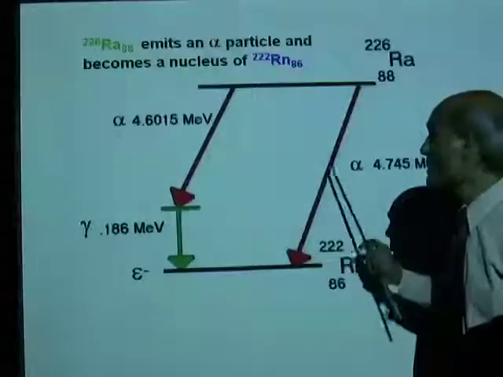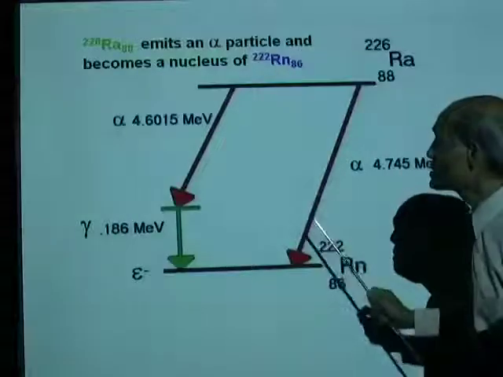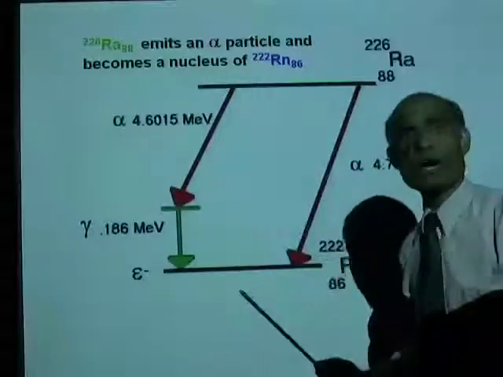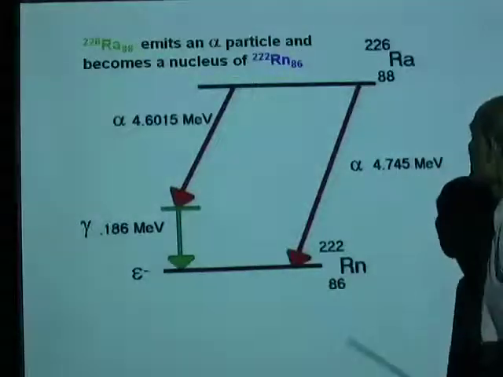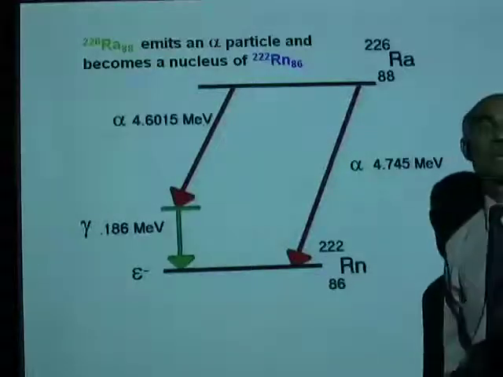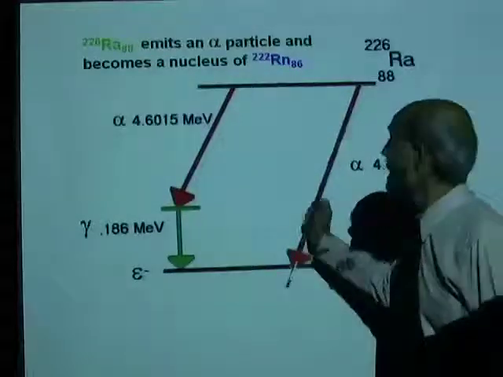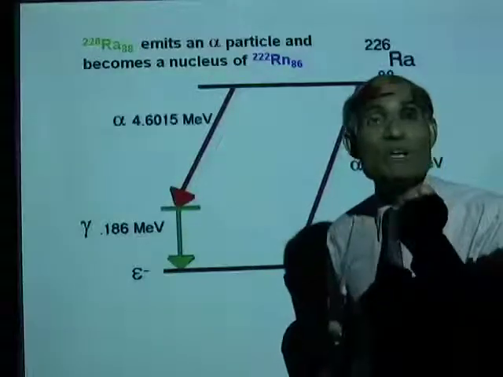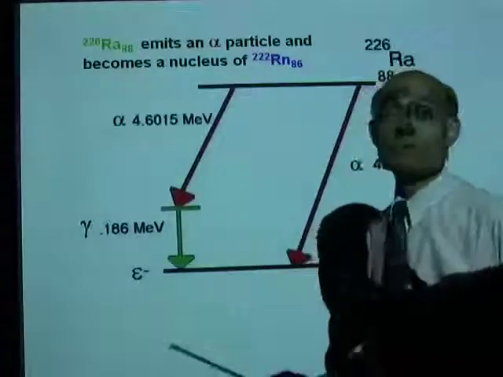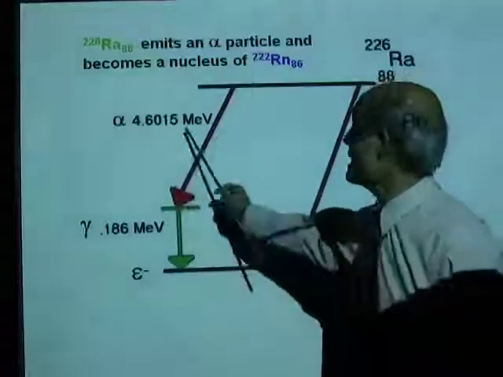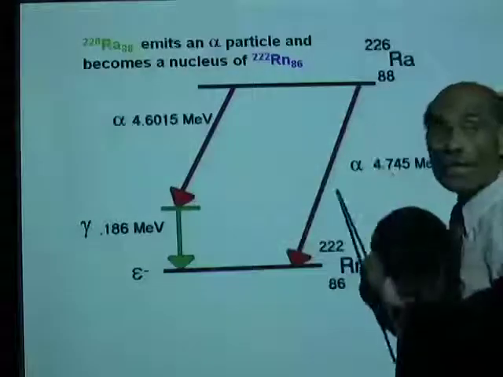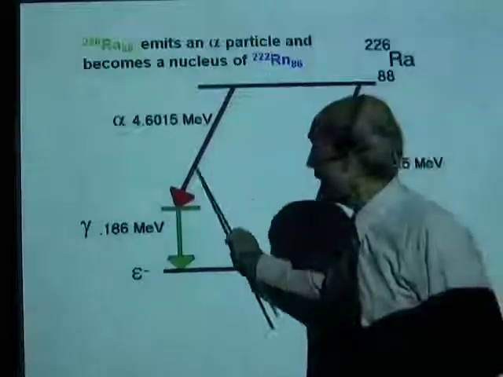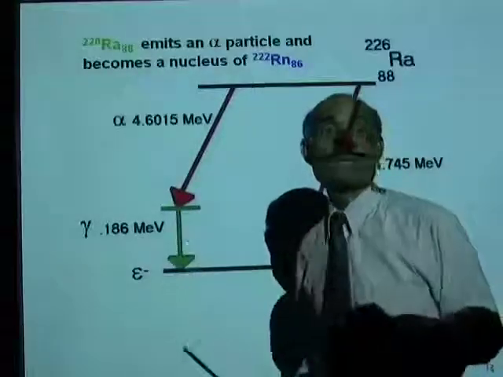Another possibility is an alpha radiation which carries all that energy, that has 4.745 million electron volt. So these are two possible ways radium degenerates into radon after emitting either only an alpha or an alpha followed by a gamma.